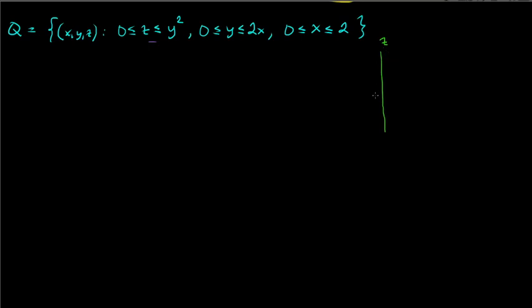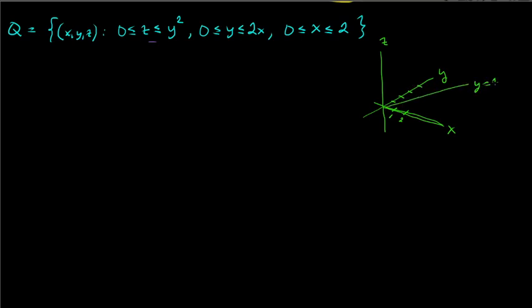So I'll leave the z-axis vertical, but I think I want maybe this to be my x-axis, this to be my y-axis. Because x is going from 0 to 1 to 2. Say this is 1 and this is 2. Because y is going from 0, which is just the x-axis, to y equals 2x. 1, 2, 3, 4.